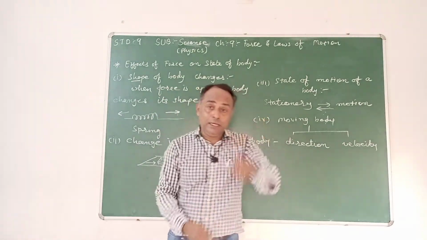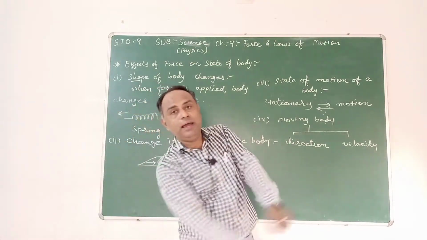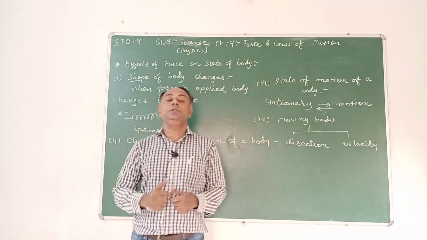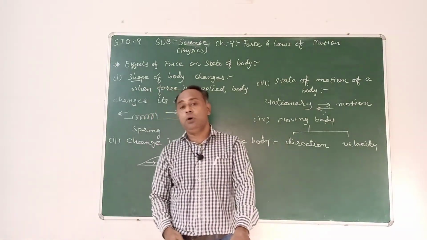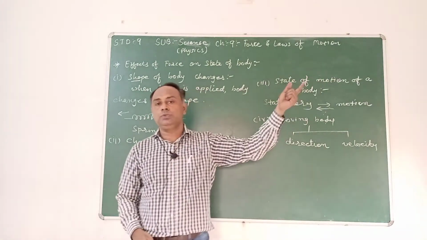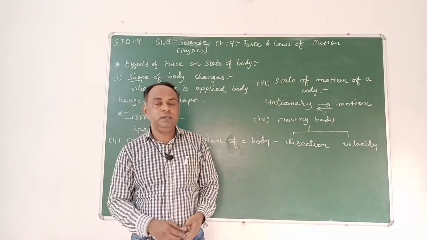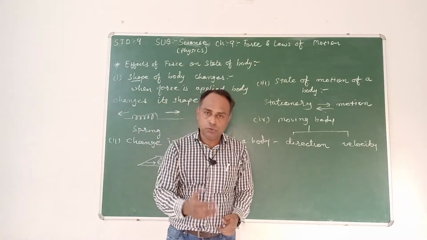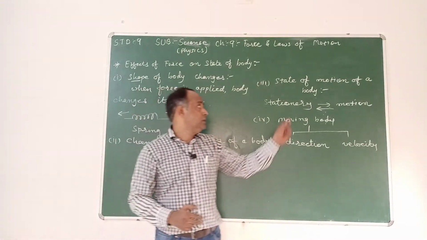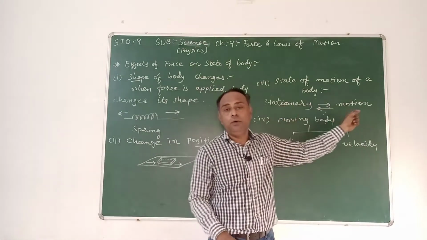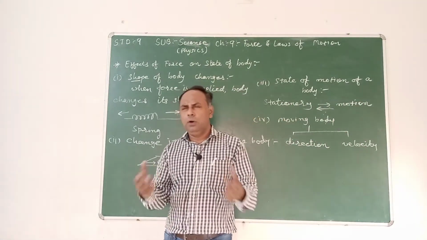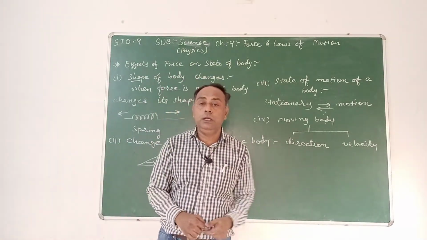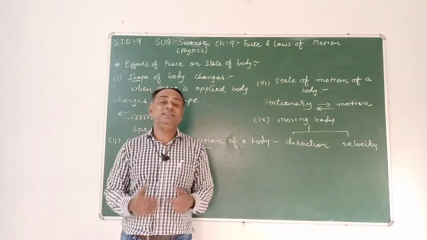Now what happens, he takes a big swing and hits it very hard. So here we will be able to see that the state of motion can be changed, like that stationary ball goes in motion. So this is the first case, that a stationary body can be brought in motion by applying force on it. Second example of the same effect: if that ball or body is in motion, at the same time you can bring it into a stationary state.